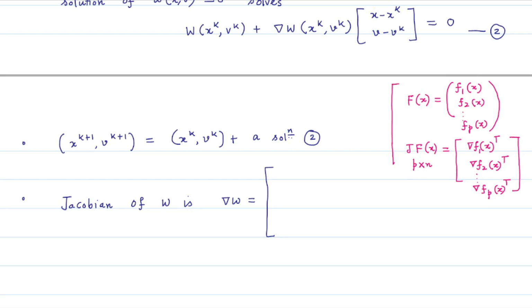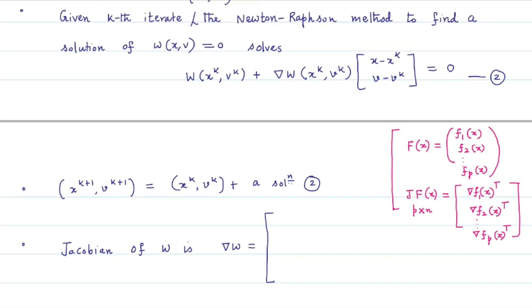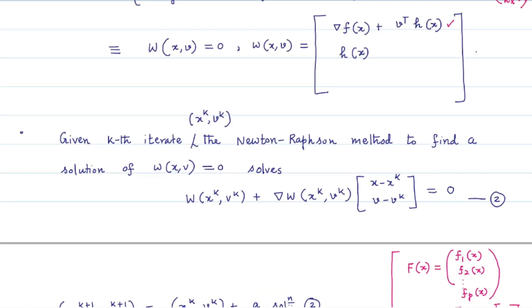Now recalling this as the Jacobian matrix, we can simply find the Jacobian of this vector valued function W, where W is this expression, the first row as this, then the rest of the l many rows are the components of this vector valued function h.